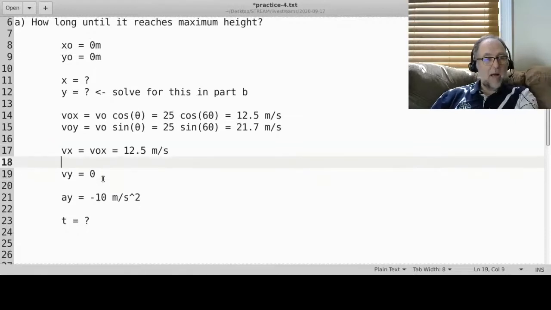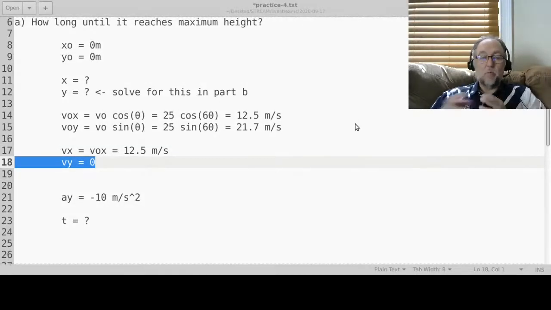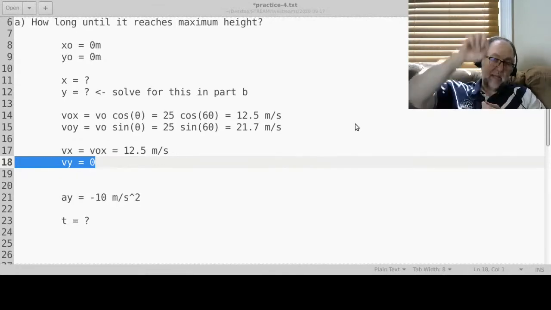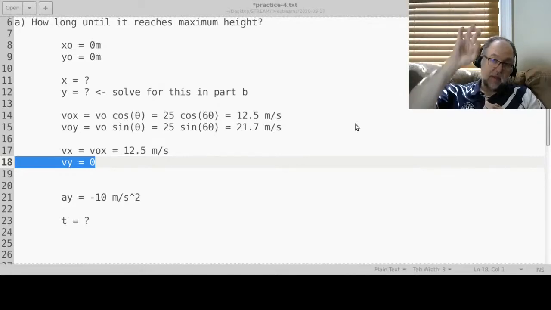But then what about this Vy? Why is that 0? This is like what we had in 1D kinematics when I threw something up and wanted to get the maximum height. When it gets to the maximum height, it has to temporarily stop, because it's going up before, it stops, and then it's coming down. Up is positive, so the velocity is positive before it gets to the maximum height.